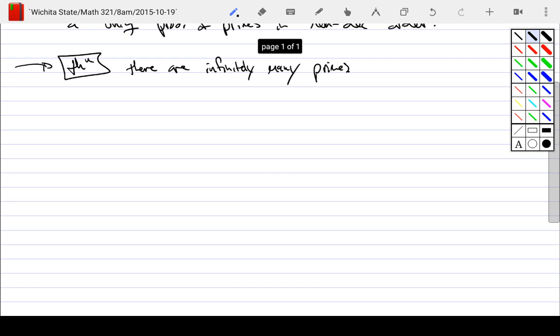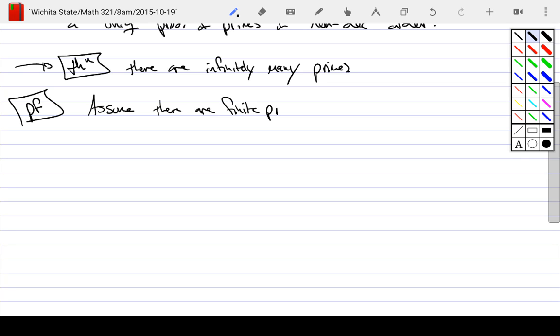The idea behind this proof would be simply flipped around. Let's say somebody said, I believe the opposite of what you just said.